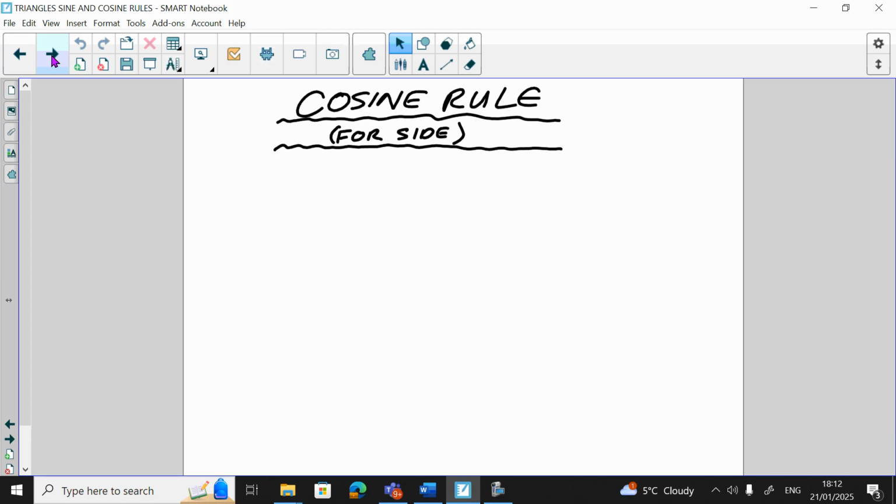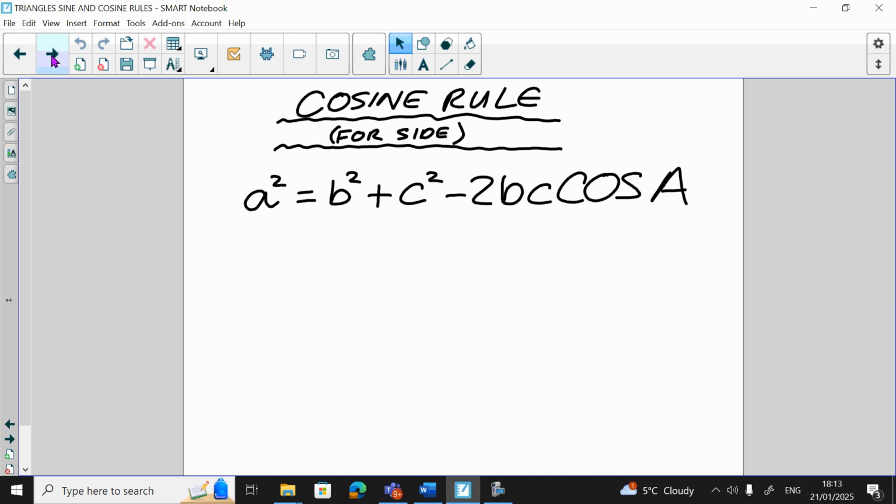We're now going to look at two versions of what's called the cosine rule. The first one is to evaluate the length of a side that we don't know. So here's the formula. A squared equals B squared plus C squared. I just want to let you notice something here.